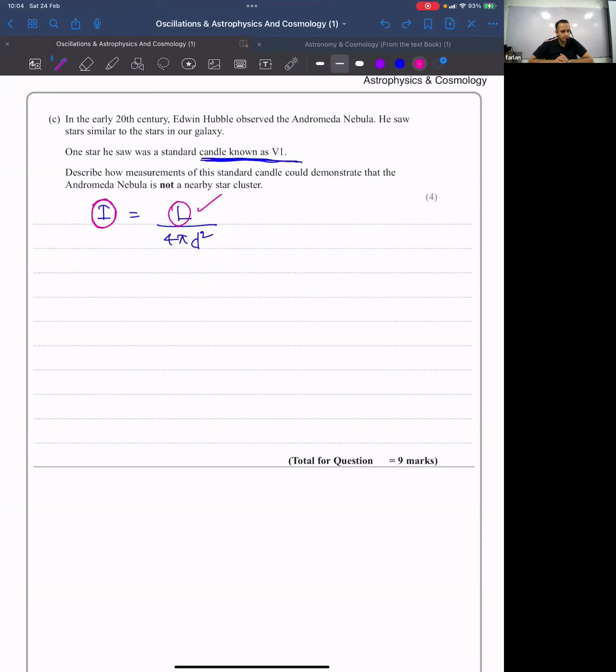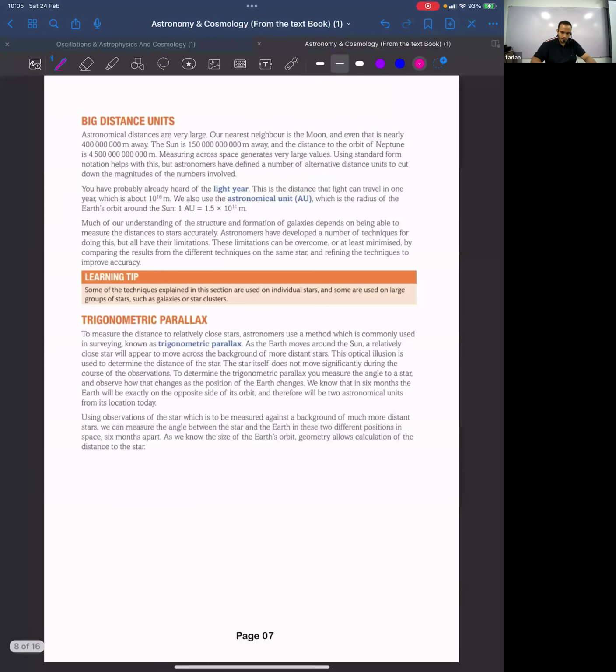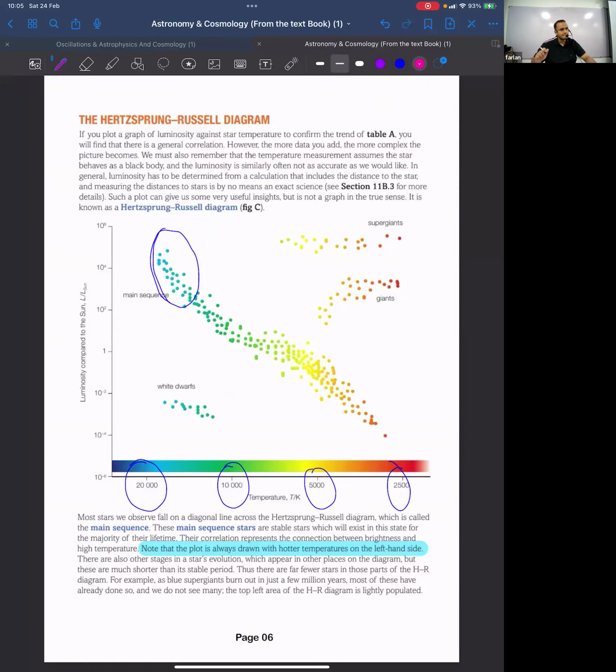By measuring the intensity at the Earth's surface and using the inverse square law, the distance to the star can be calculated.